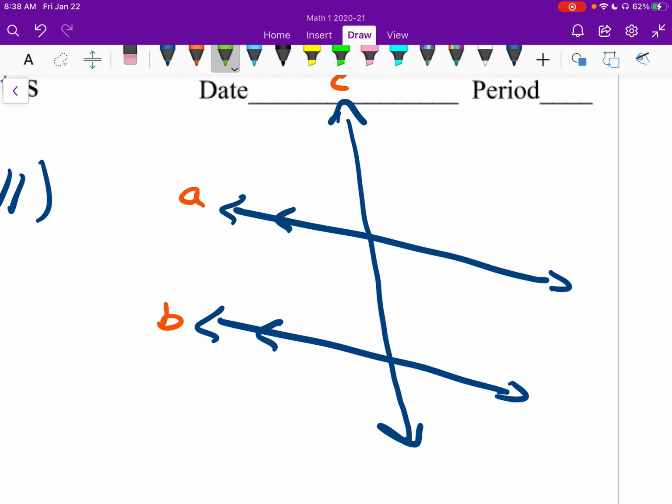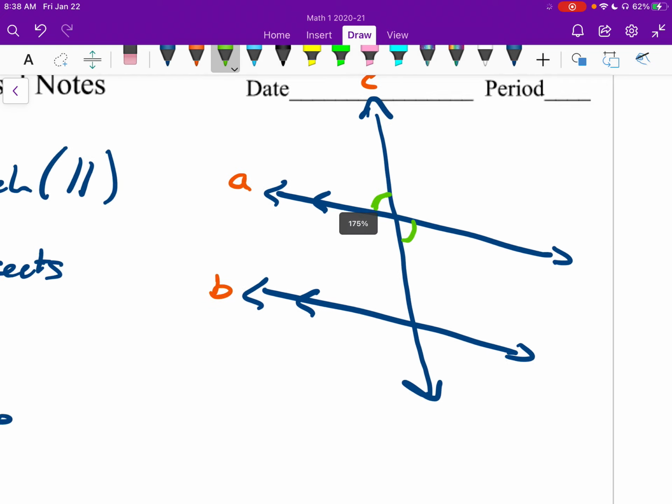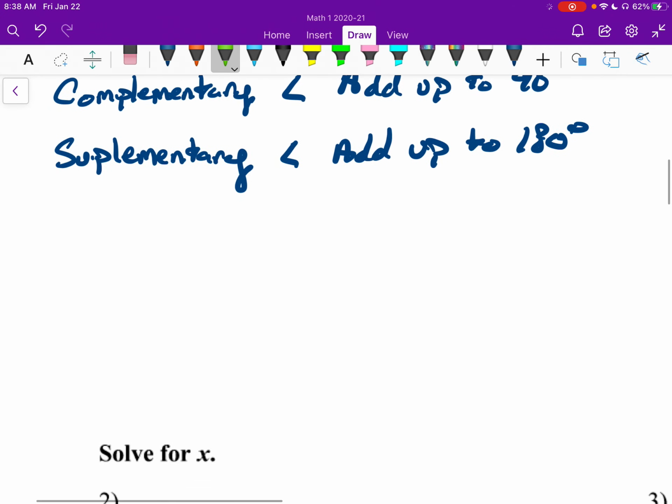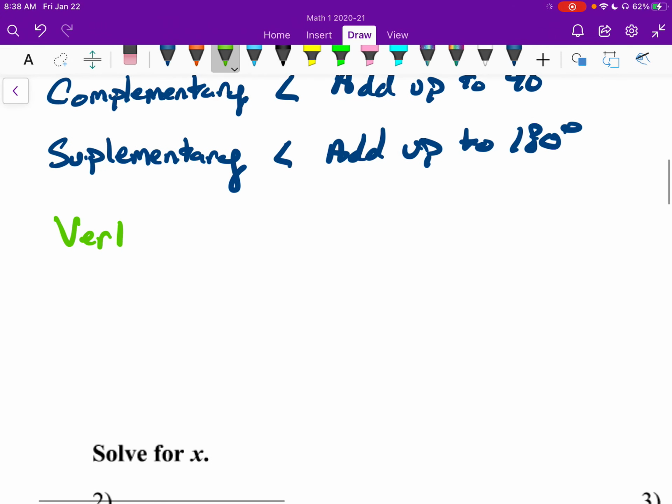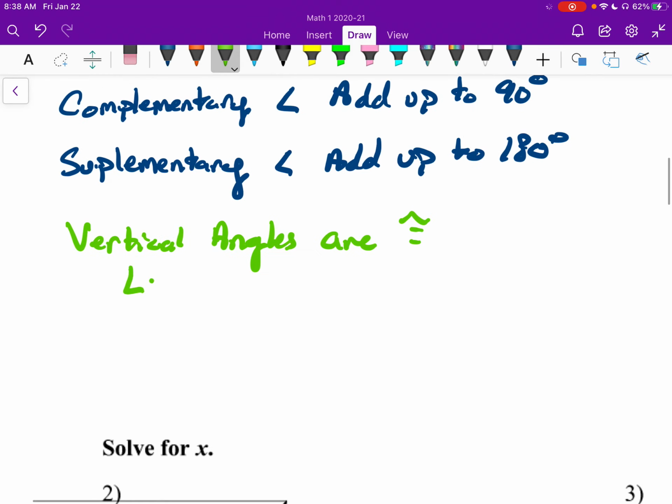Opposite angles are 2 that are opposite of each other, right? Opposite angles, or vertical angles, are congruent. So let's write that over here. Vertical angles are congruent. Vertical angles are opposite angles.